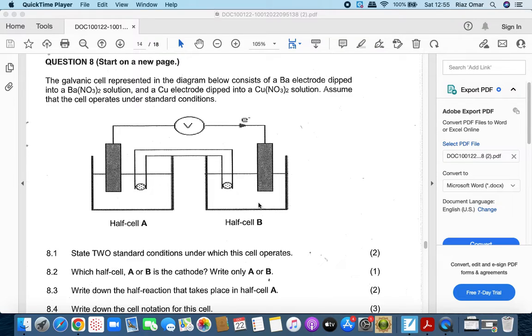Alright, so we've got an electrochemical cell. Question 8.1. State two standard conditions under which the cell operates. So it's got to do with concentration and temperature. So let's answer that. Question 8.1.